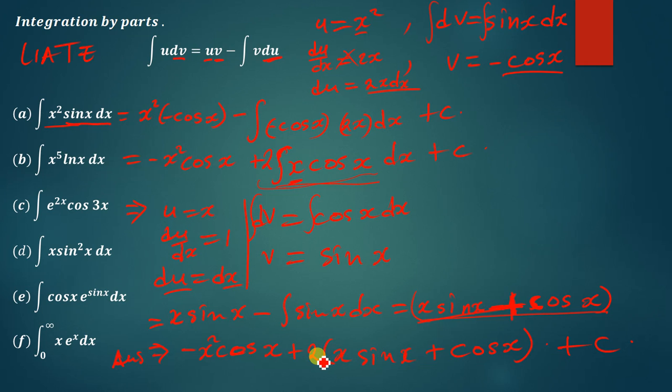So here it's just a matter of multiplying 2 times this, 2 times x. So what I mean is this negative x squared cos x plus 2x sine x, then plus 2 cos x, then we have plus c. So this is the final solution for this integral here. Let's quickly move on to the next one.